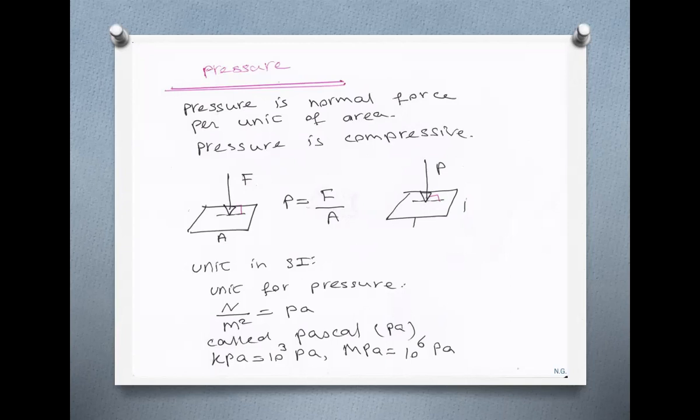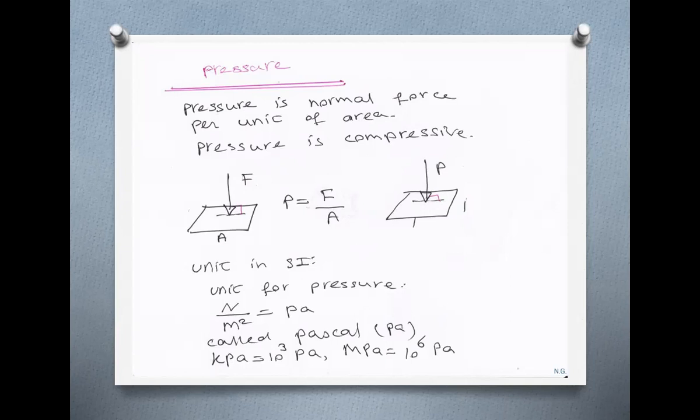We have normal stress, and we have shear stress. Normal stress is normal force per unit of area. It can be grouped into compression or tension. It can be in form of tensile stress, or if it's compressive, it's compressive stress, right? And it can also be shear stress.